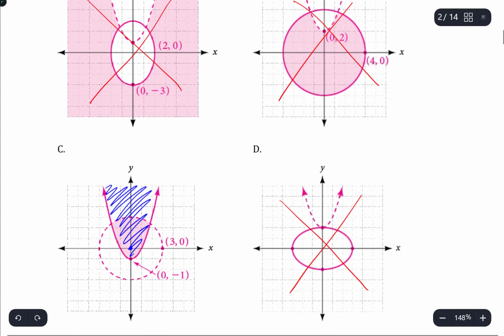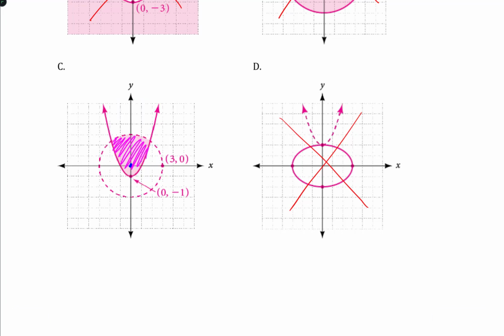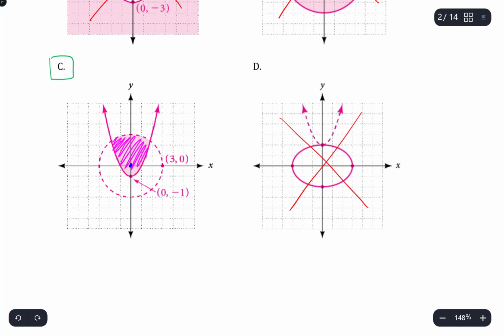So that's also a true statement. So then the inside of the circle is shaded. And then it's the region where all of these shaded regions overlap that is the solution region. So that's why we have that region there. So everything checks out. C is our answer.